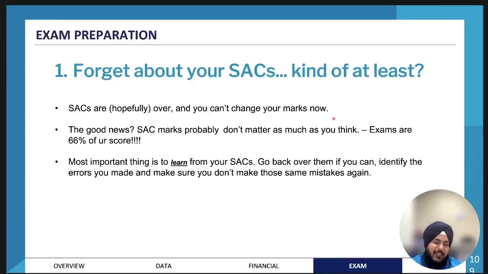And second of all, SACs are only worth 34% of your score. The exam is worth 66%. So if you're going to stress about your SAC marks and not focus on the exam, you're essentially doing yourself a disadvantage. So go back over your SACs, look over your mistakes and try to improve. But don't be really focused on this one question that you got wrong, because it might not be that important in the grand scheme of things.